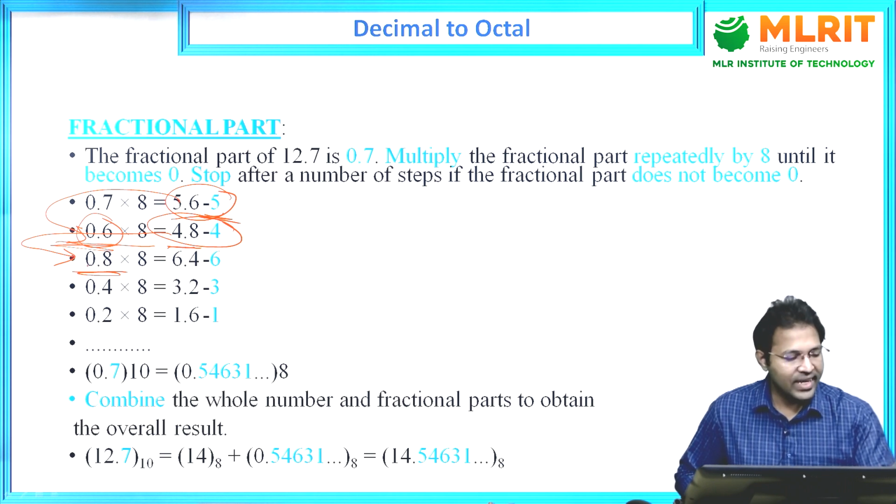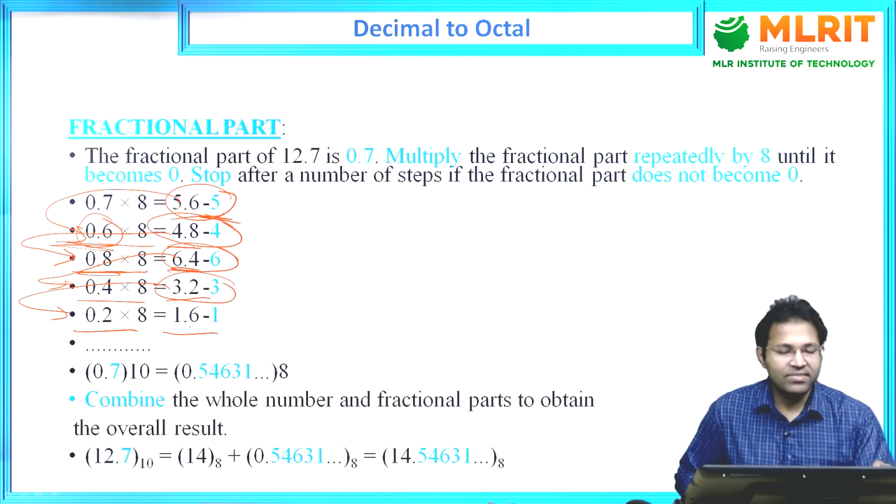Again 0.8 into 8 gives us 6.4. Take out the 6 from it, 0.4 we take here. 0.4 into 8 gives us 3.2. Take out the 3, take 0.2 here, multiply it by 8, and then again we are getting 0.2 into 8 gives us 1.6.